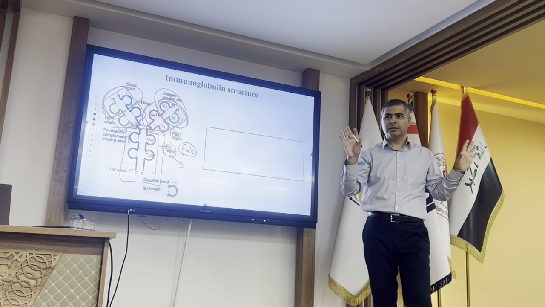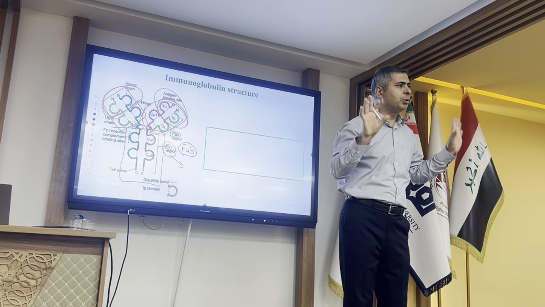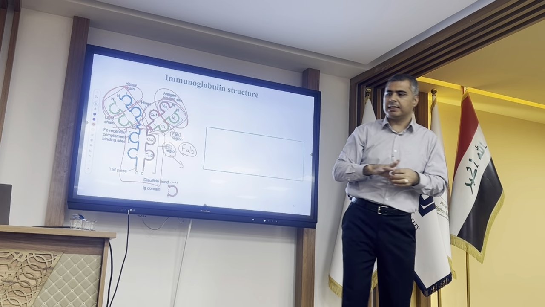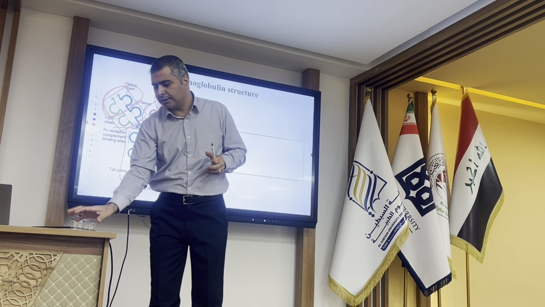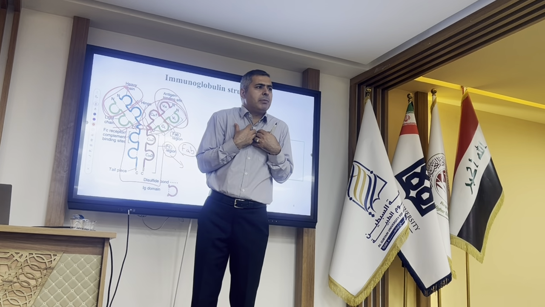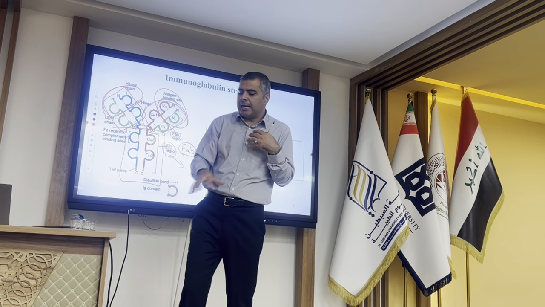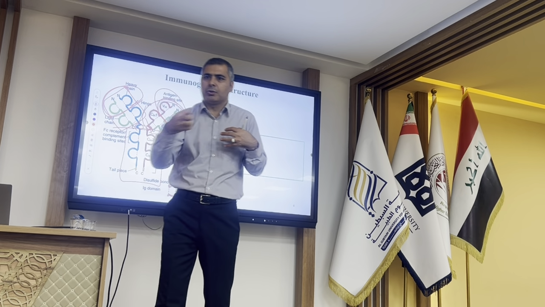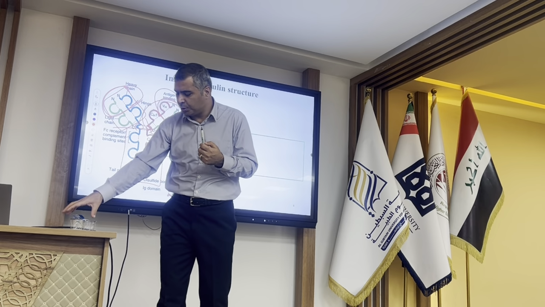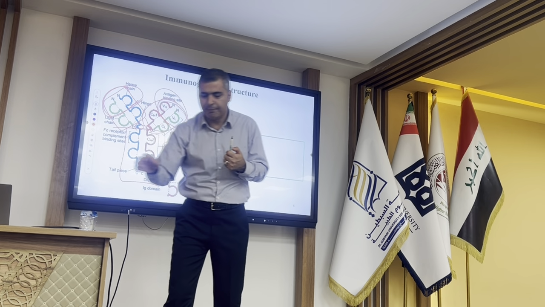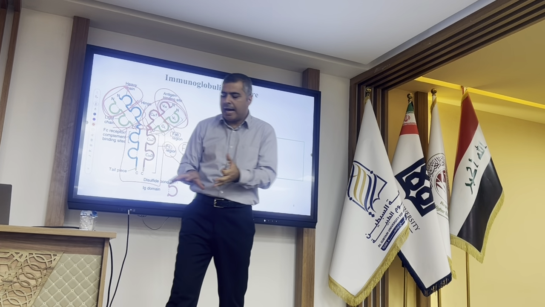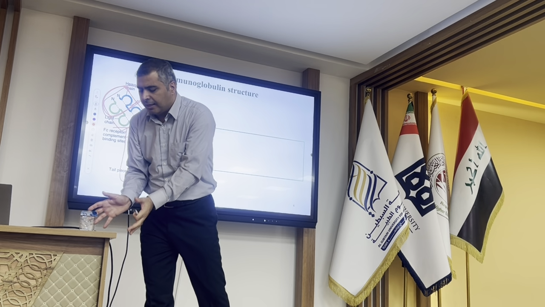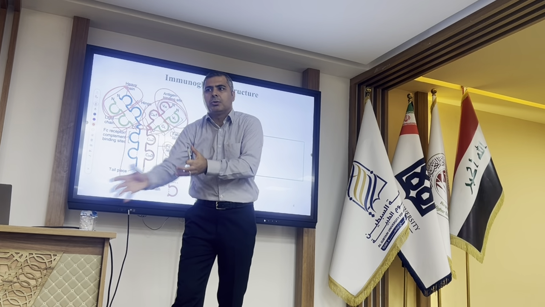Opsonin is any substance, for example, this is a bacteria and I'm a macrophage. A macrophage can bind to the bacteria and phagocytose it. But an opsonin is something that binds to the antigen and makes it easier, facilitates the phagocytosis of the antigen.